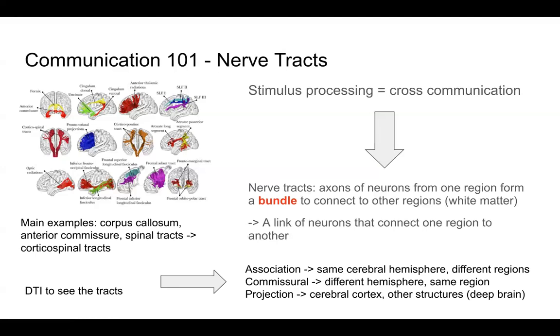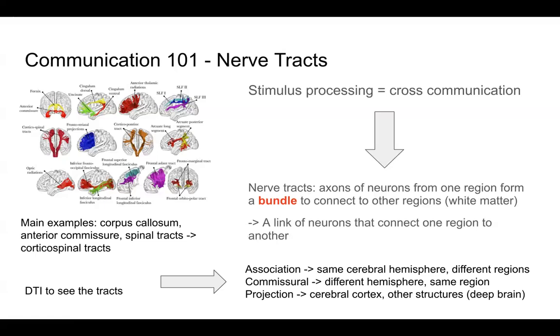Then there are commissural fibers, which connect the same region across different hemispheres. That's what the anterior and posterior commissures are. They connect the same part of the temporal lobe on one side to the same part of the temporal lobe on the other side. Then there are projection fibers.